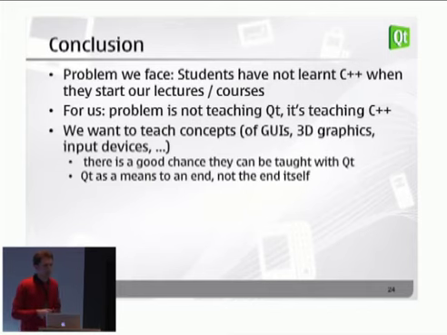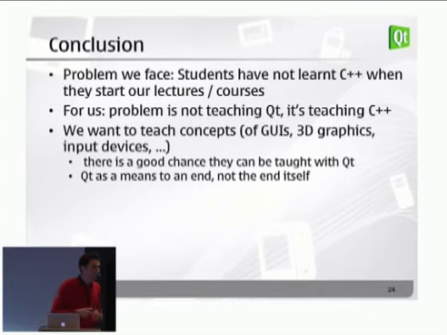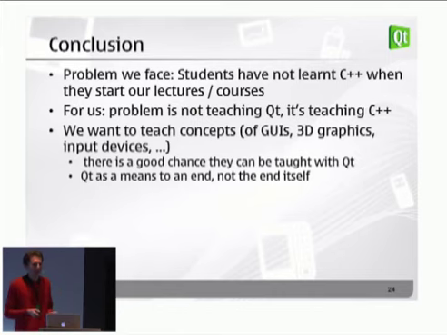And so for us, the problem is not teaching Qt, it's more teaching C++. Because I also think if you know C++, it's not hard to learn Qt. It's very, very easy. But the problem is learning C++.